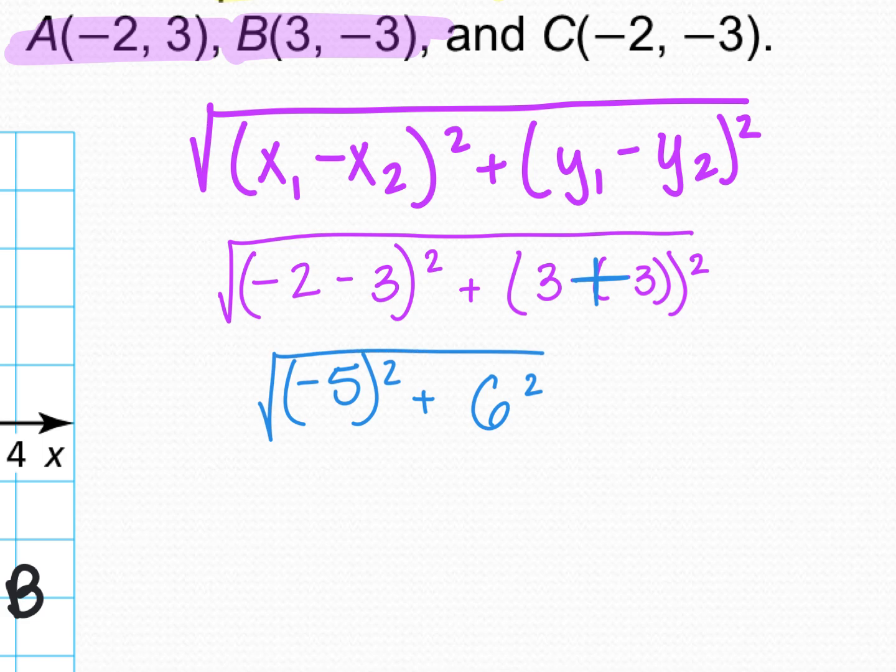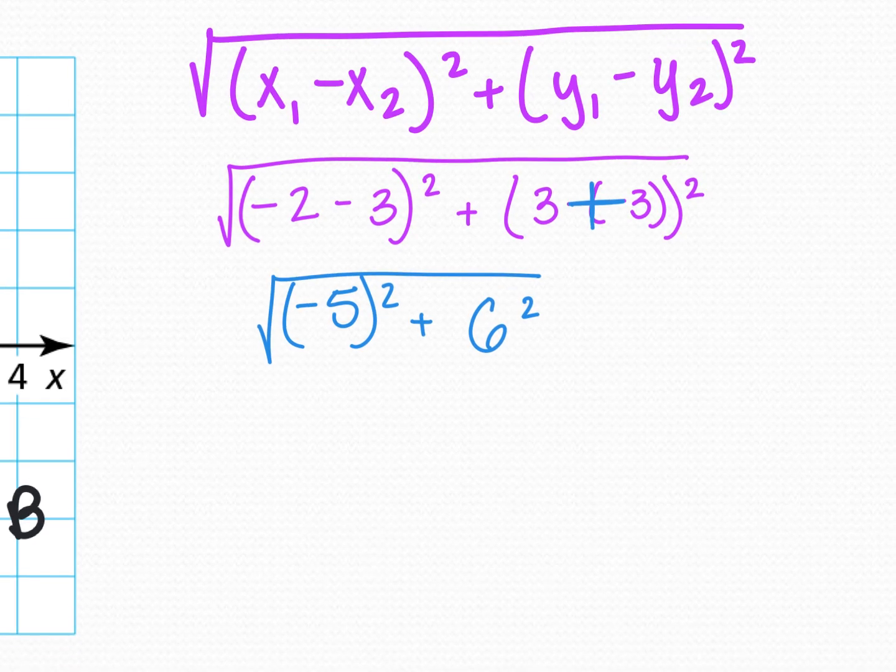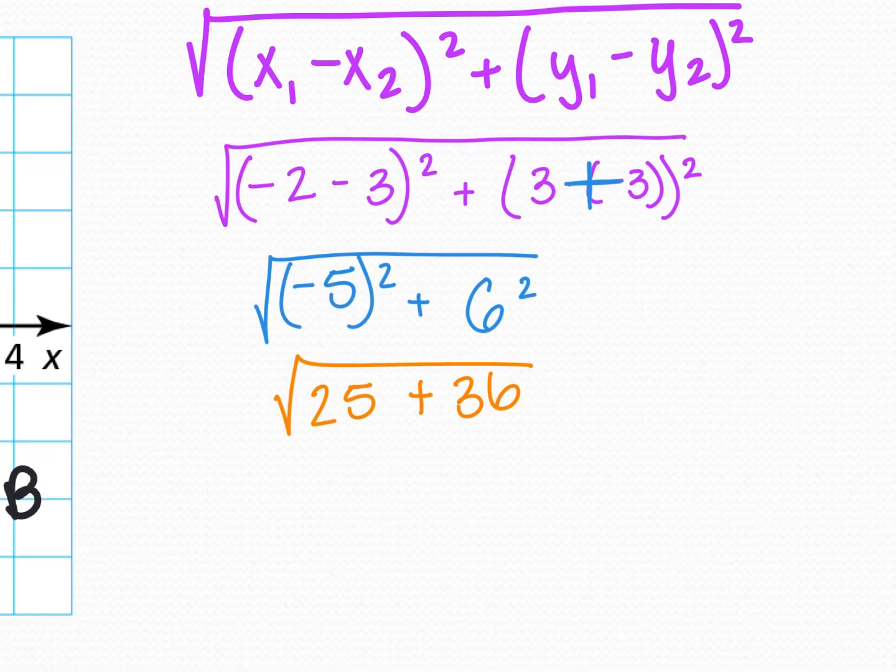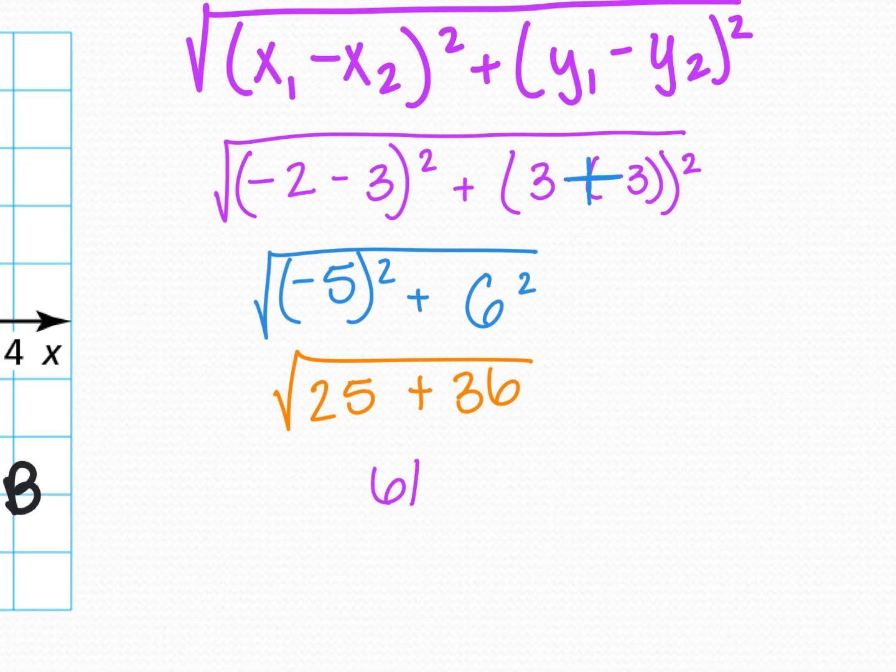Don't forget that square root. Negative 5 squared, negative 5 times negative 5, I'm going to get a positive 25. Plus 6 times 6 is 36. Don't forget to square root it. Adding these two together, I'm going to get 61, the square root of 61.